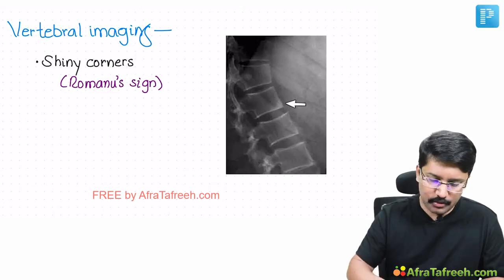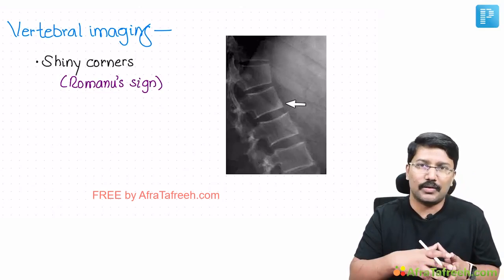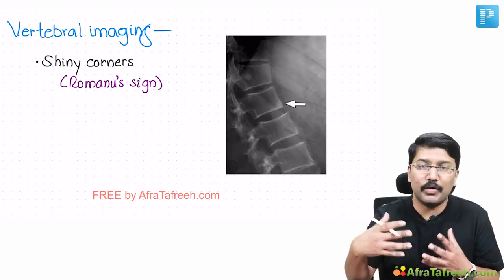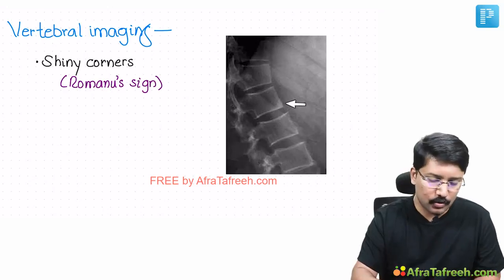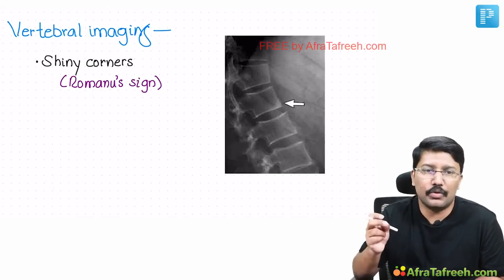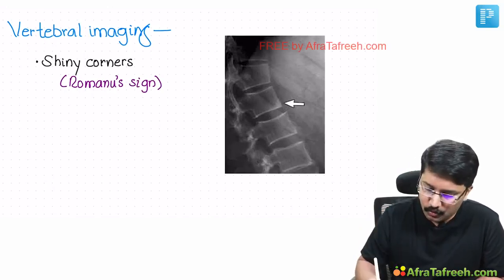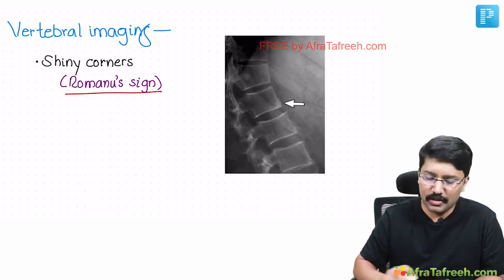Okay. Now coming to imaging of the vertebrae. So far we spoke about the sacroiliac joint. Now coming to imaging of the vertebrae. Vertebral involvement is also expected, right? So what do we see? We see some important named signs, right? The first named sign we should know is shiny corners, which is also known as the Romanus sign. Okay. What is a shiny corner?